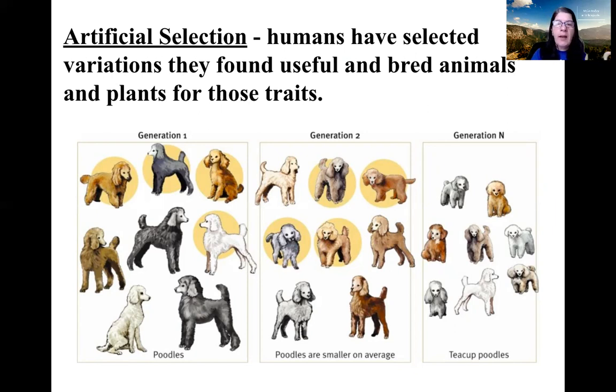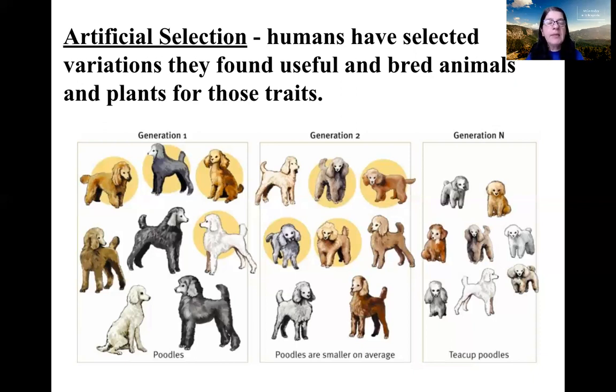They decided to breed small poodles in this example, called teacup poodles. So out of the whole population of poodles, they select the smallest individuals in generation one. They breed those small individuals to create a second generation of poodles.